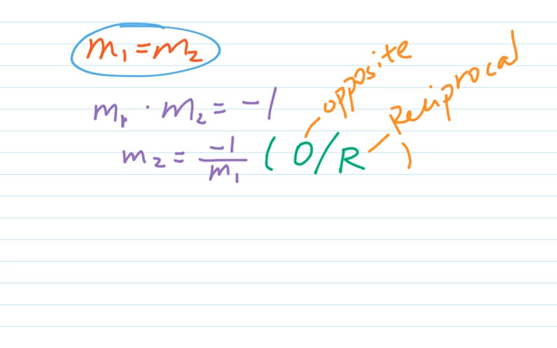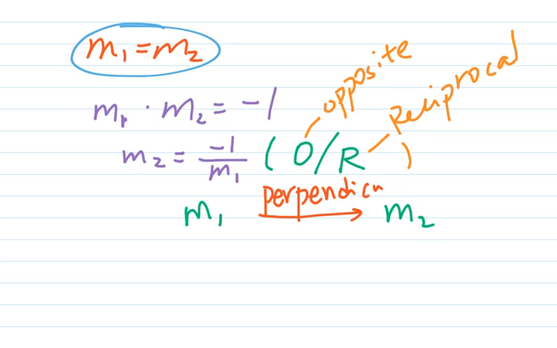For example, here's m1 and here's m2, and the middle is a perpendicular line. When m1 equals 2, then the perpendicular slope will be -1 over 2.